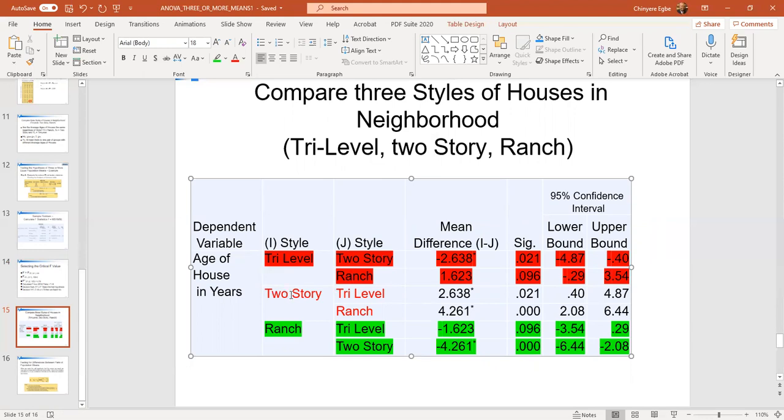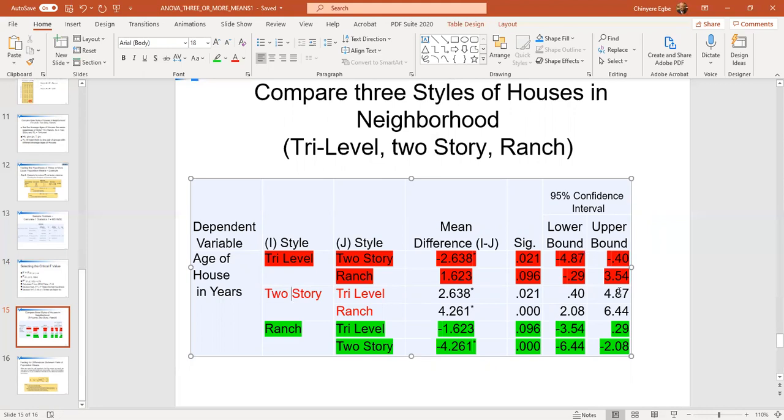So let's look at the two-story compared to the tri-level. As we can see, the confidence intervals here are positive, going from positive to positive. That means that there is a significant difference in the average ages of houses.